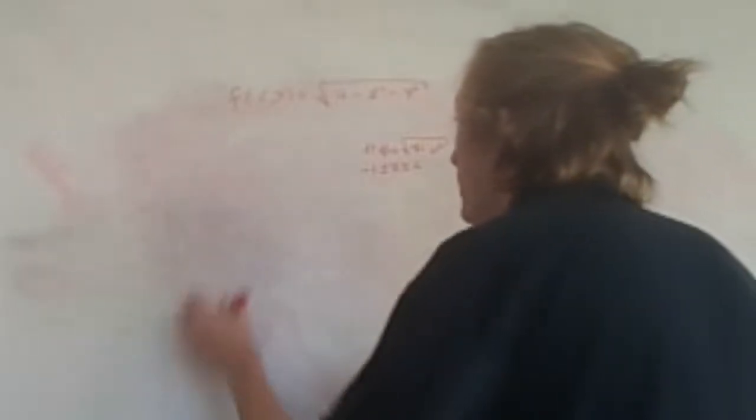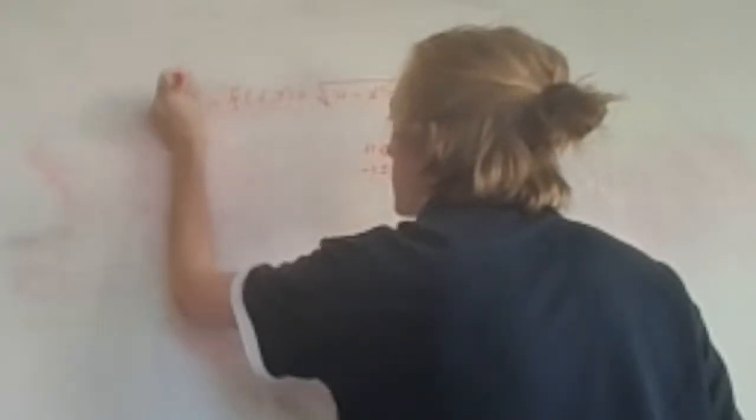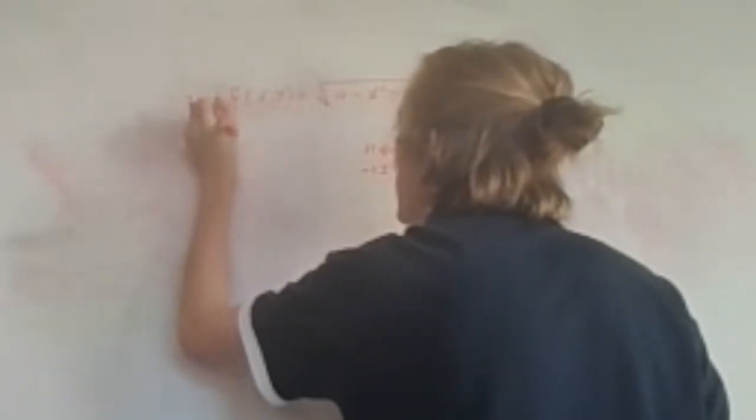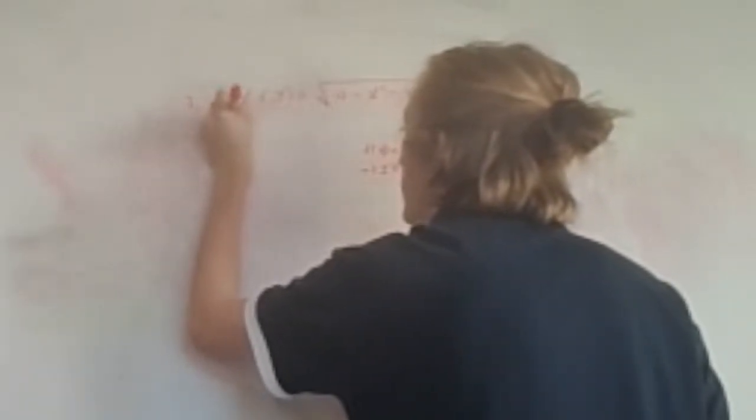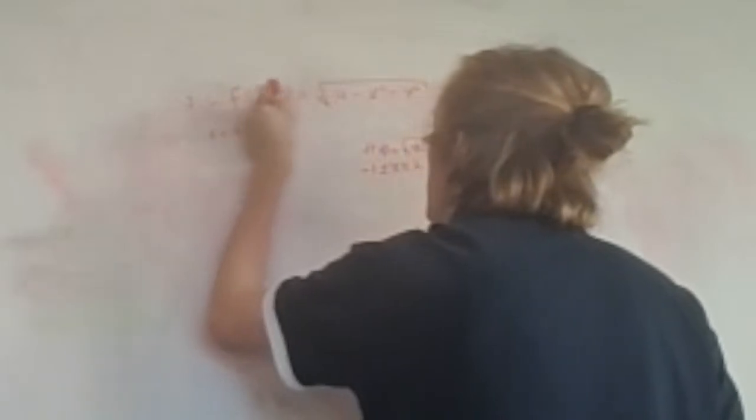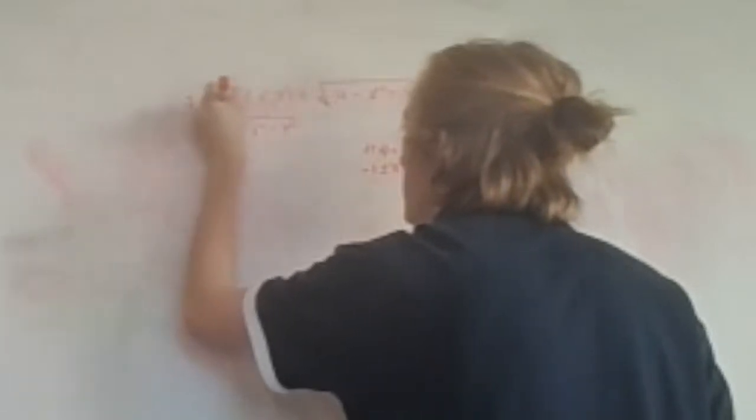We're going to do a two-dimensional thing. So z is equal to 4 minus x squared minus y squared. My brain is telling me to square it.